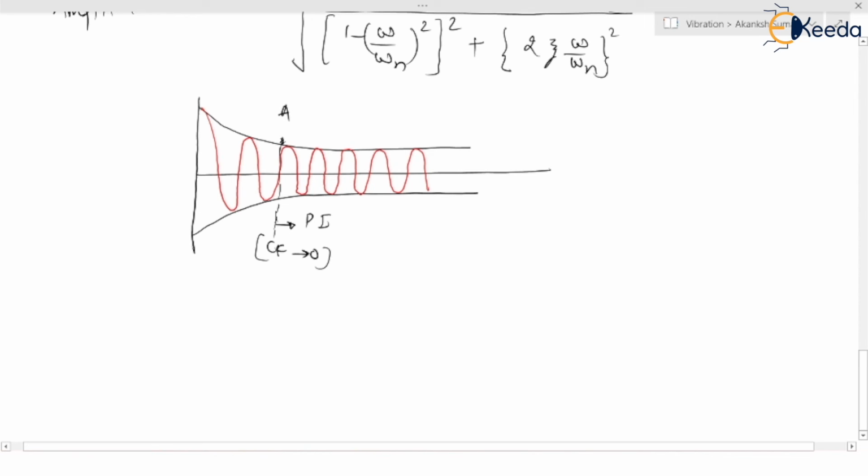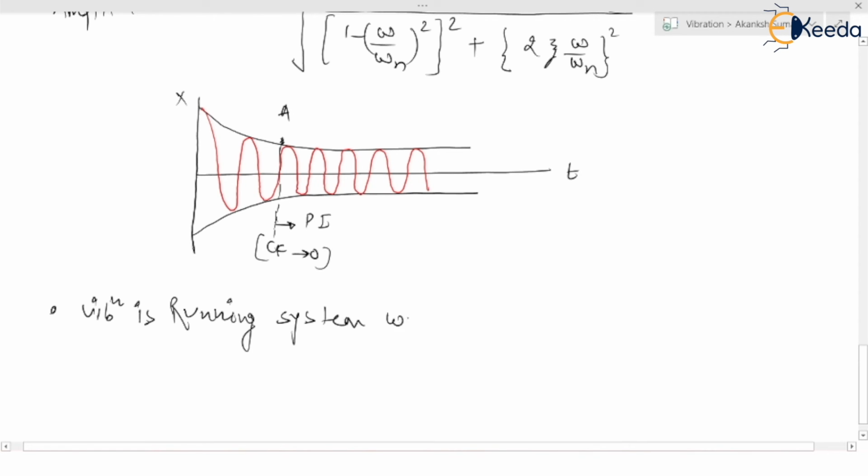This is the amplitude, this is time, and this is the position and solution. So this is the vibration in a running system. It can never stop. You can write down: vibration in a running system will never stop.